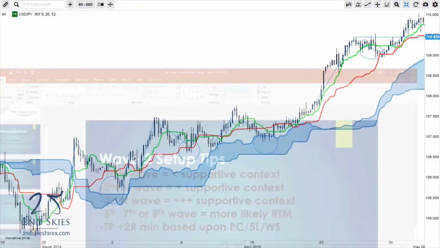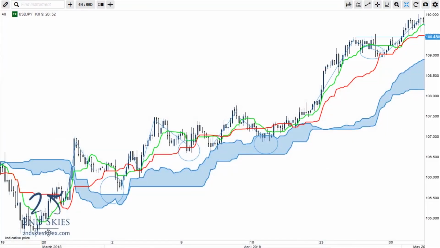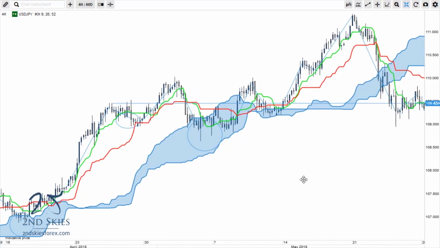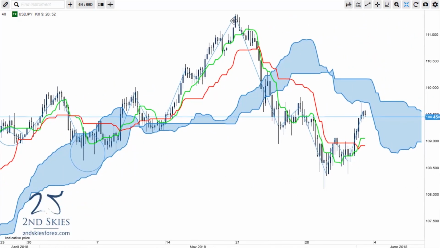So when we look back at our dollar yen, here's our first N wave. Here's our second one, third one. Now we're in the fourth leg up, fifth leg up, sixth and seventh. Once you get into the fifth wave, the scales start to move a little more back towards center.